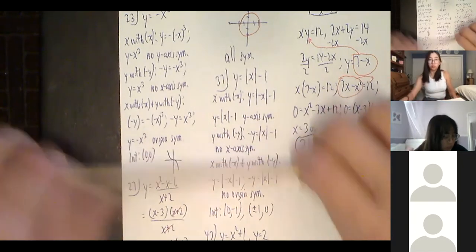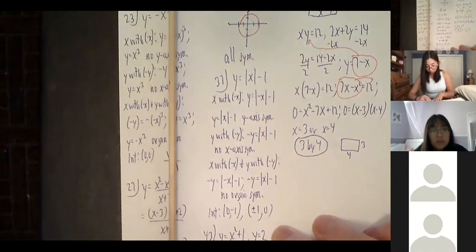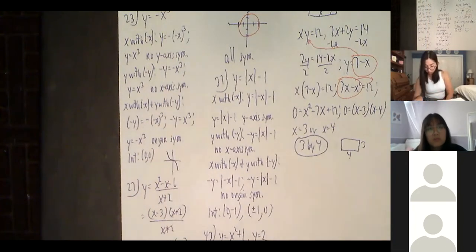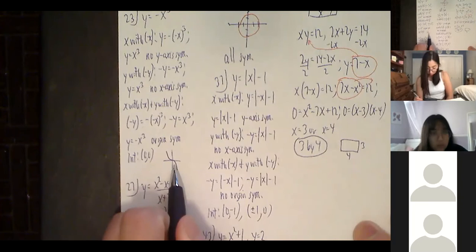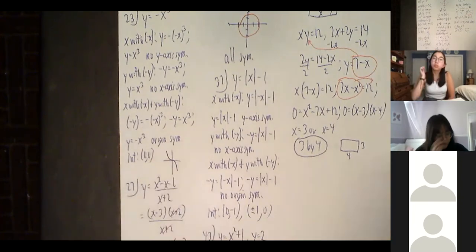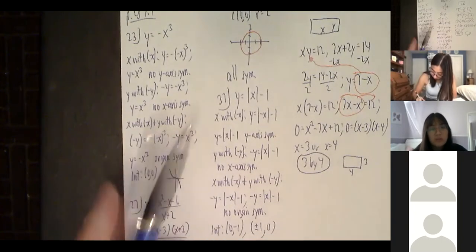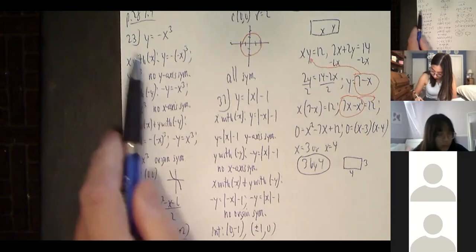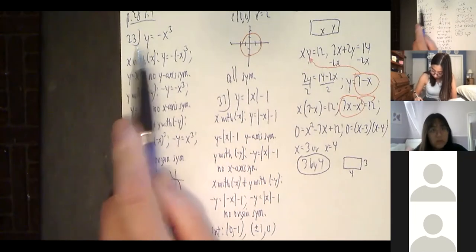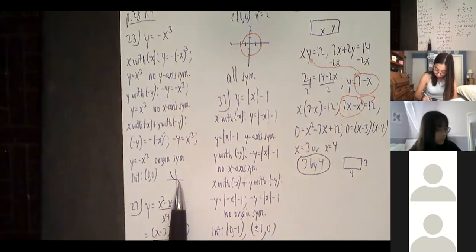I don't get a mirror image, nor the y-axis, but I do have origin symmetry. A point here seems to bounce off over here, and a point here bounces over there, and so on. So anyway, how do you work it out? By the way, for intercepts, the only intercept is 0, 0, which is borne out by the picture.